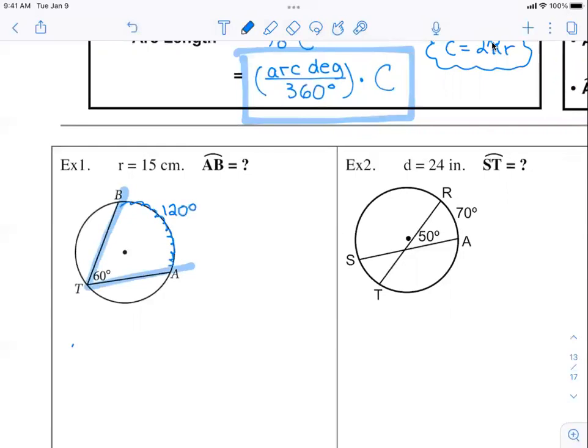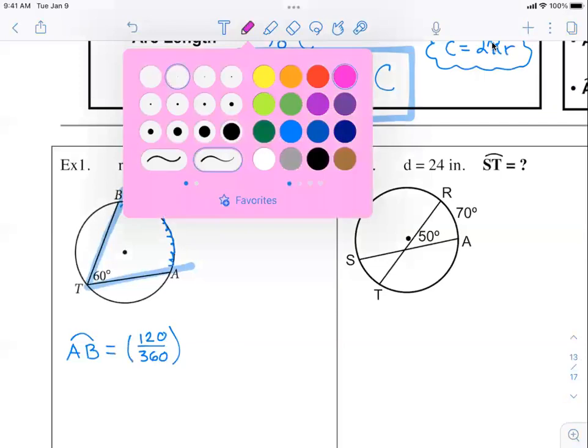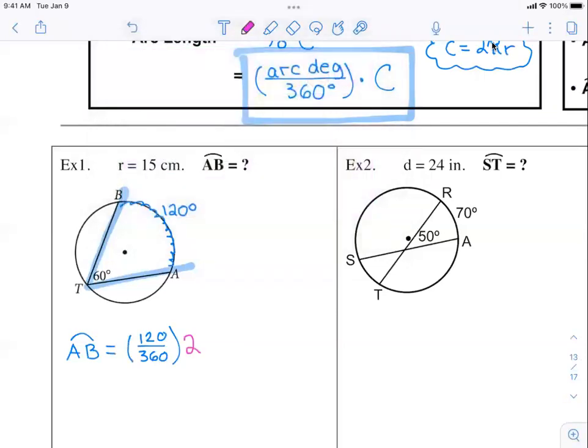So I can find arc AB by saying 120 out of 360 times the circumference. What is the formula for circumference? 2 pi r. So times 2 pi, and the radius is 15. Again, this is just the formula for circumference. This is your fraction times the circumference.